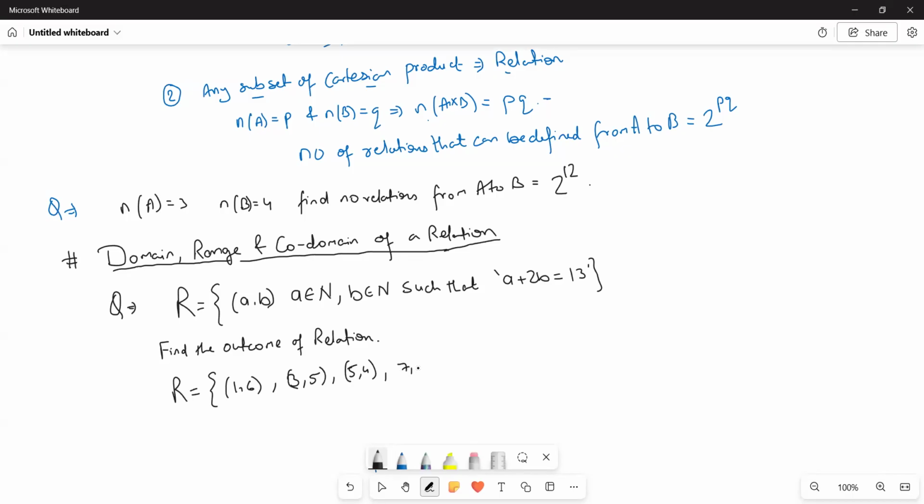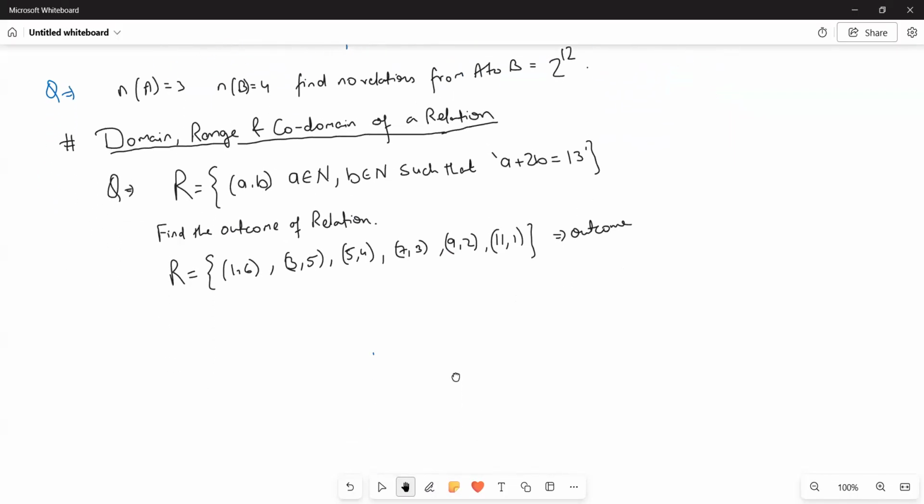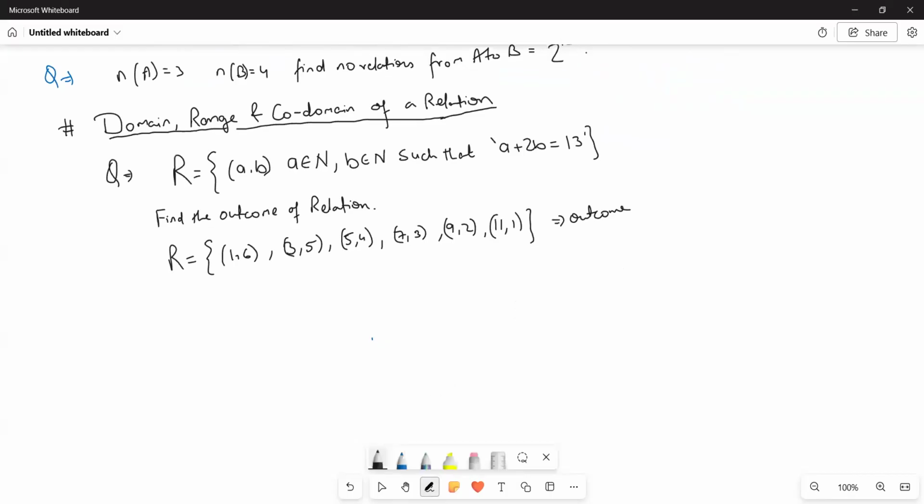Then we'll have 7 comma 3, 9 comma 2, and 11 comma 1. Look, this would be the outcome of R. Is everyone comfortable with this? Yes. Okay?